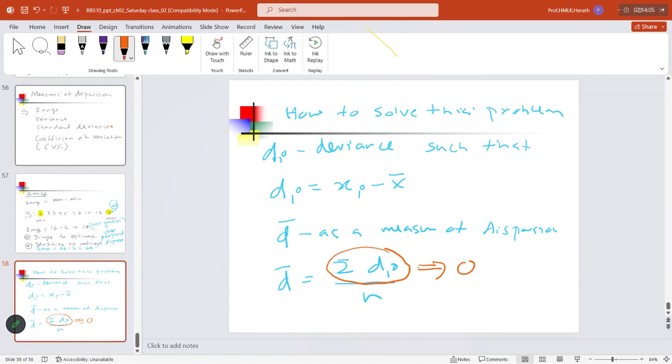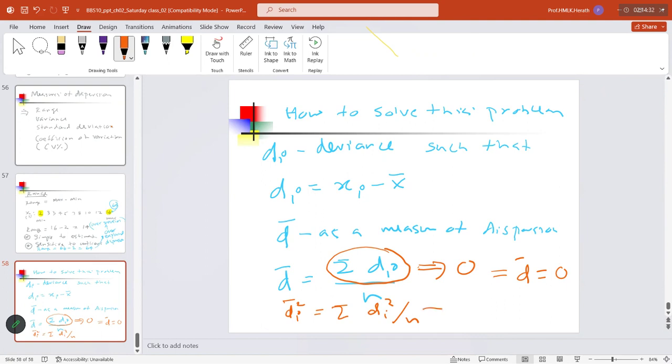Therefore, d bar becomes 0, useless. But later, as a solution, they defined d squared bar as summation di squared divided by n, right?